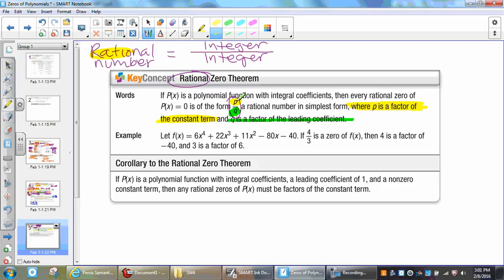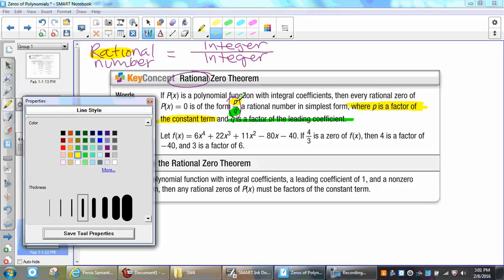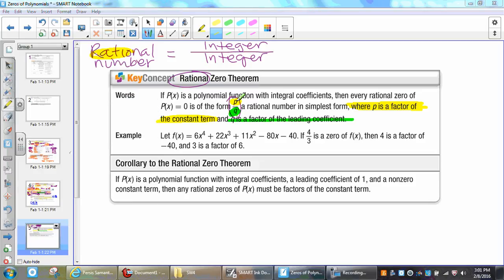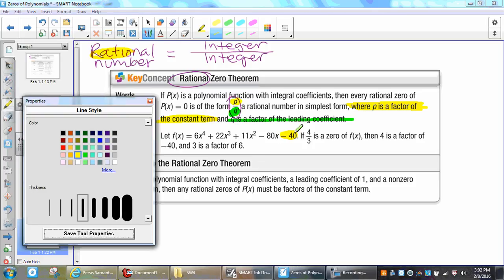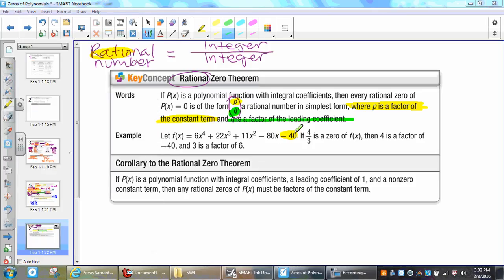All right. Now let's see what this theorem is about. What we do is we look at the constant term, which is, in this case, for our example, negative 40. And then, of course, we have to look at our leading coefficient, which is 6.